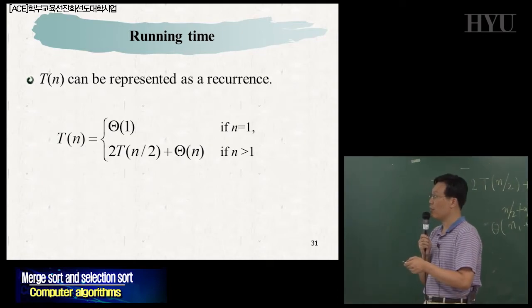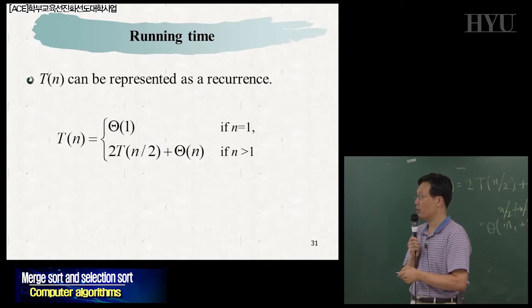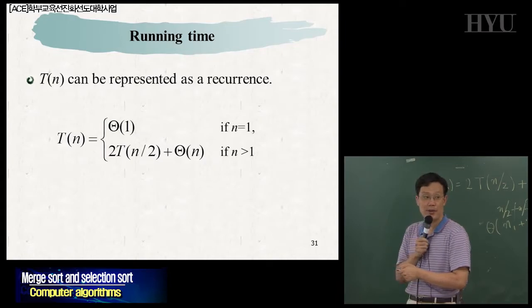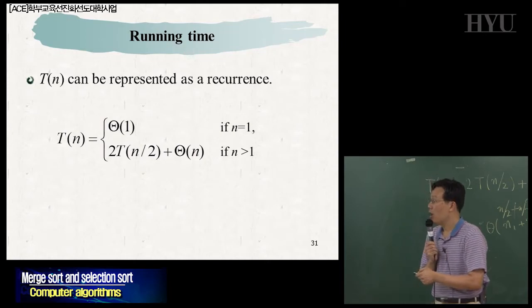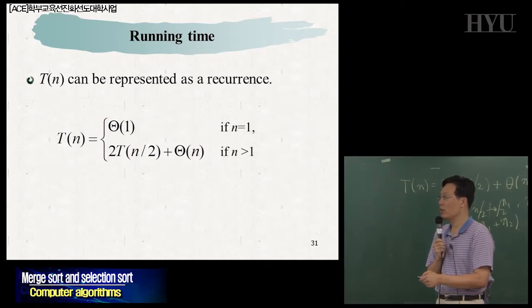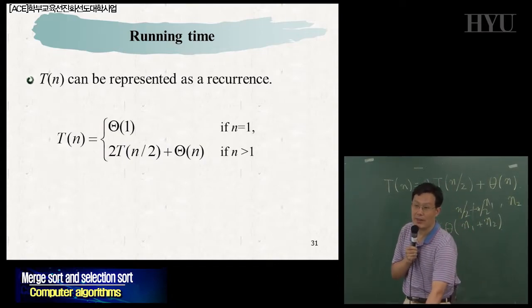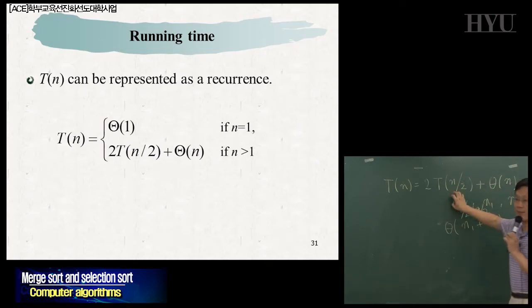So the running time of merge sort, T of n, can be represented as a recurrence like this. T of n is theta of 1 if n is 1. Otherwise, it is twice T of n over 2 plus theta of n, like this.